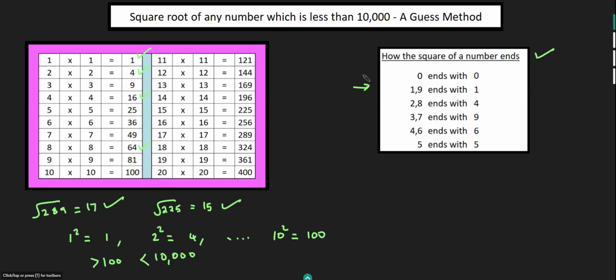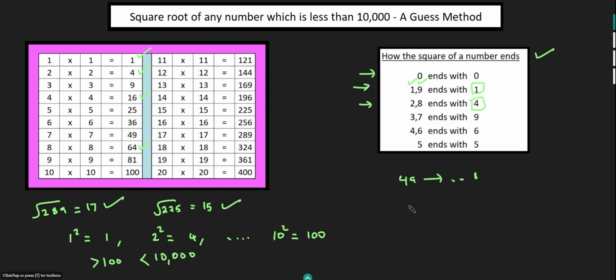If you look at 0, its square will always end with 0. Squaring numbers which end with 1 or 9 will end with 1. For example, if you take the number 49 and square it, the last digit is going to be 1. Similarly, any number which ends with 2 or 8 has a square that ends with 4.